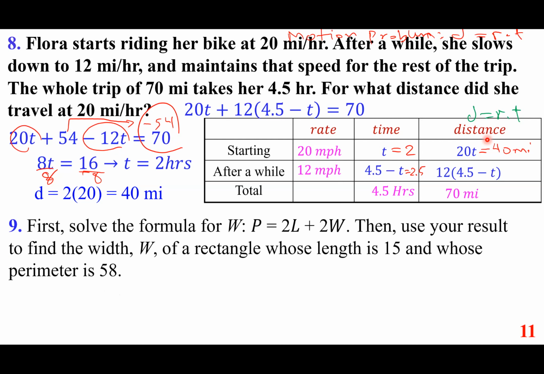I'll do it. First, solve the formula for W, P equals 2L plus 2W. Then use your result to find the width W of a rectangle whose length is 15 and whose perimeter is 58. Excellent, thank you.